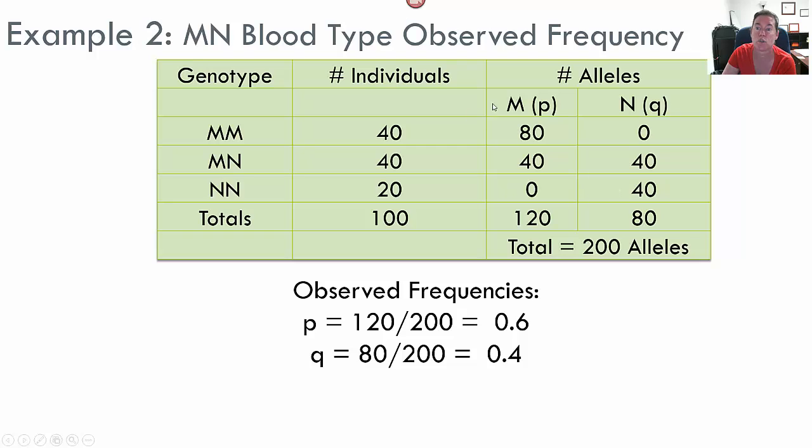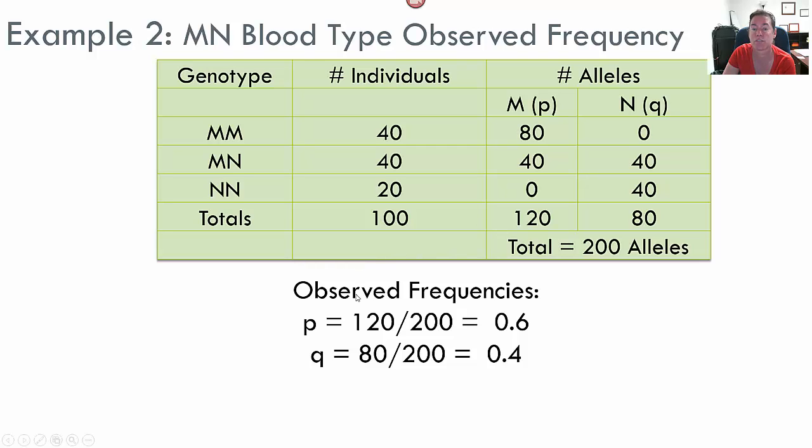We calculate the total number of M alleles. 80 plus 40 equals 120. The total number of N alleles, 0 plus 40 plus 40 equals 80. Notice we now have 120 plus 80 alleles, totaling 200 alleles.